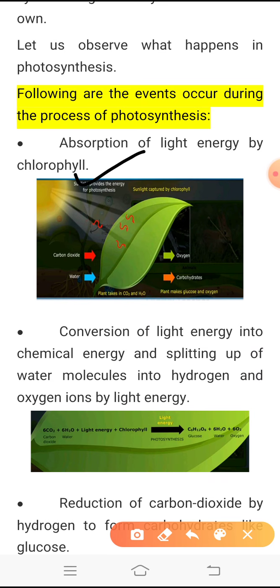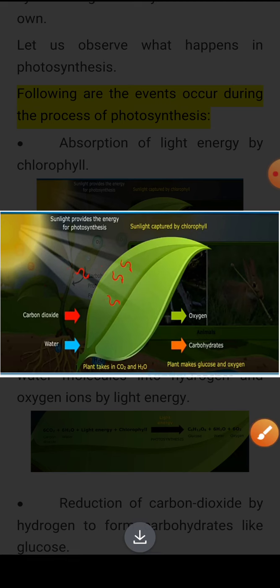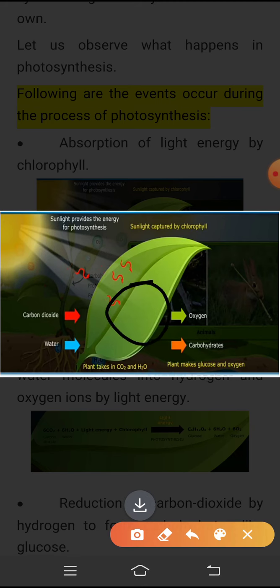Absorption of light energy by chlorophyll means here the leaf is receiving the sunlight, so the chlorophyll present in the leaf absorbs the sunlight.